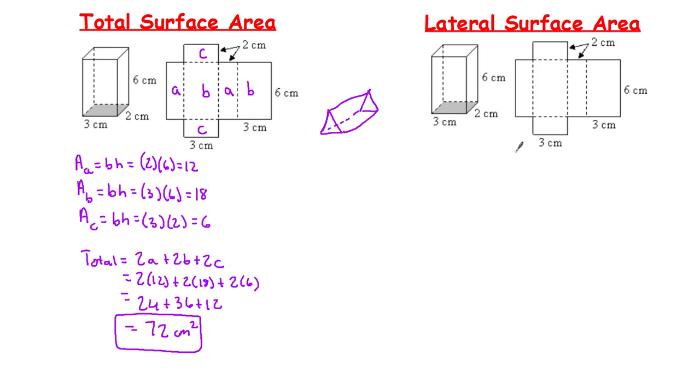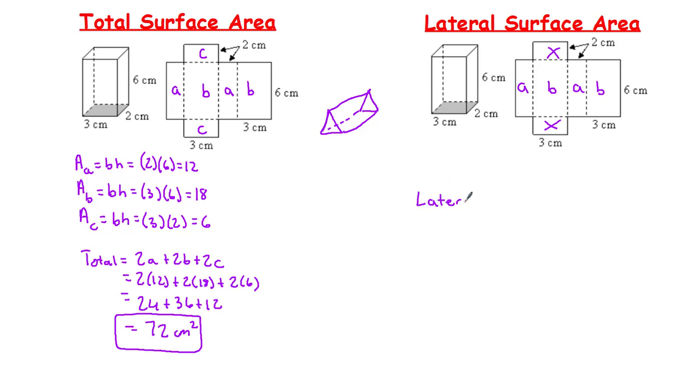Okay? So if that's the case, we really don't have to calculate anything else. We already have our answer, don't we? All we need to do is take away our bases, which is C. So all we need to do is A plus A plus B plus B. So we actually have already calculated that. So let's go ahead and do this over here.